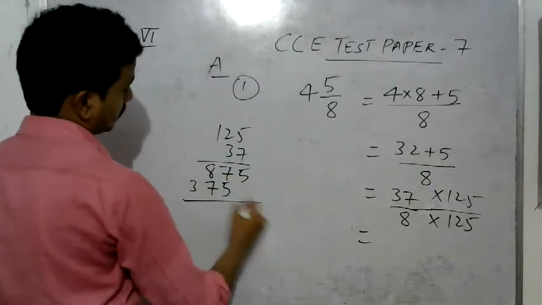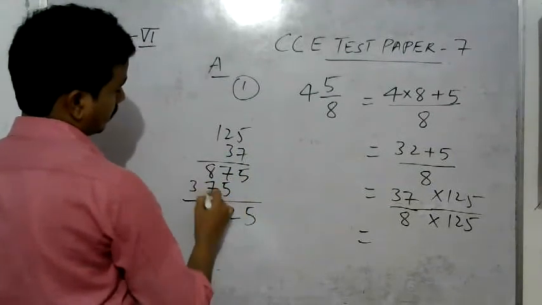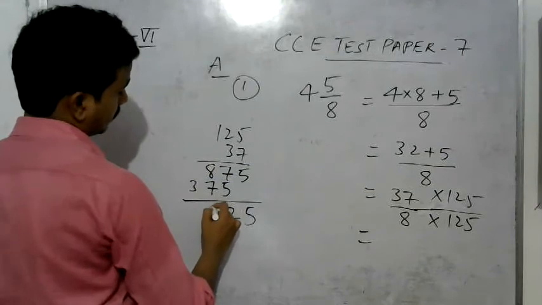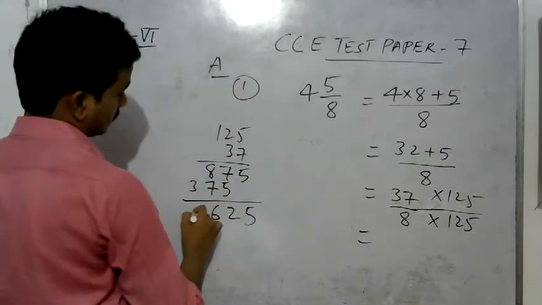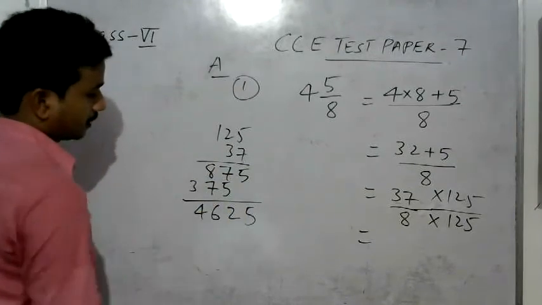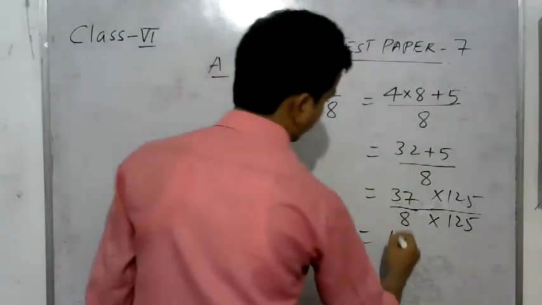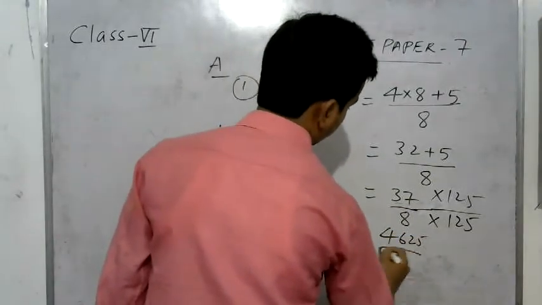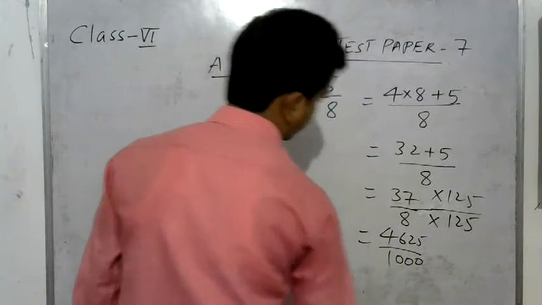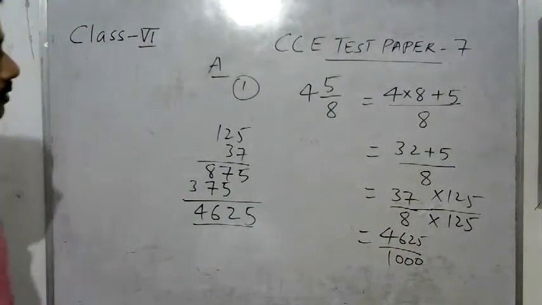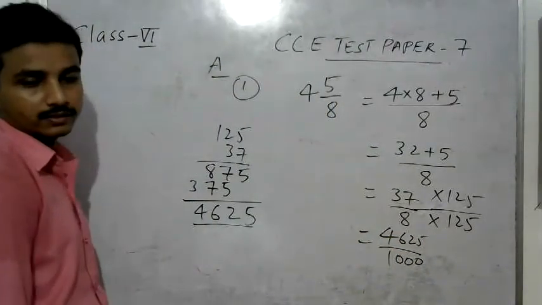Now 5. 7 plus 5 is 12. 8 plus 7 is 15. 1 is 16. 3 plus 1 is 4. So 4 6 2 5. So 4625 divided by 1000. So this is your decimal fraction.